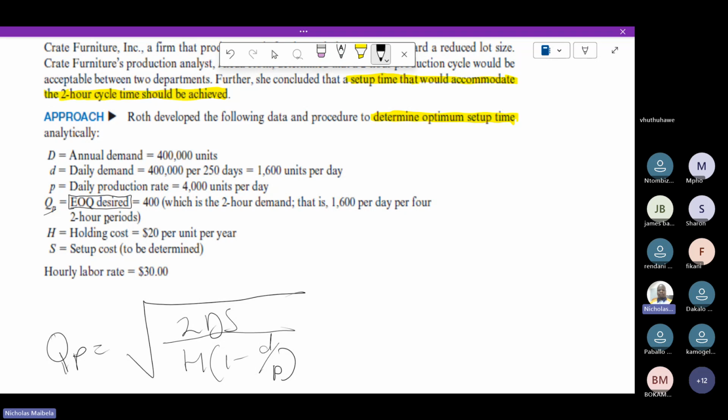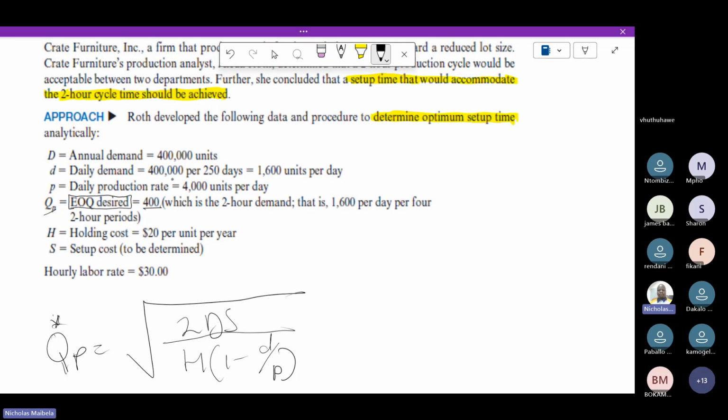However, they would say maybe desired quantity, something of that nature. So the name is always in line with desire inside. So that's this value, which is 400.